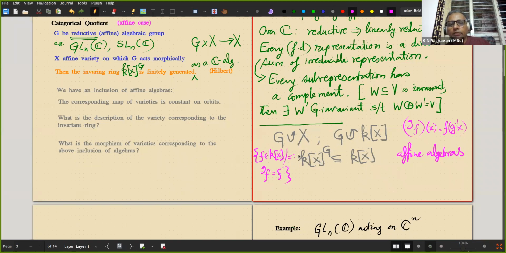So given that this is a finitely generated algebra, it is the ring of functions of a variety. Why is that?